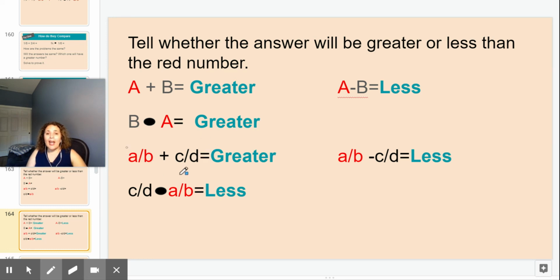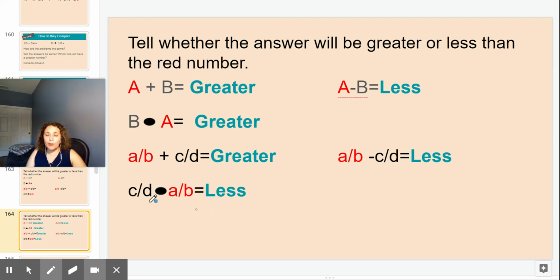When you're adding two fractions together, it's going to get greater, right? We already saw that. We did some examples. We added two fractions together and it got greater. What if we subtract two fractions? Well, yes, it's got to be less than what you started with, right? Whatever you have, you subtract something away from it, it's going to get less.